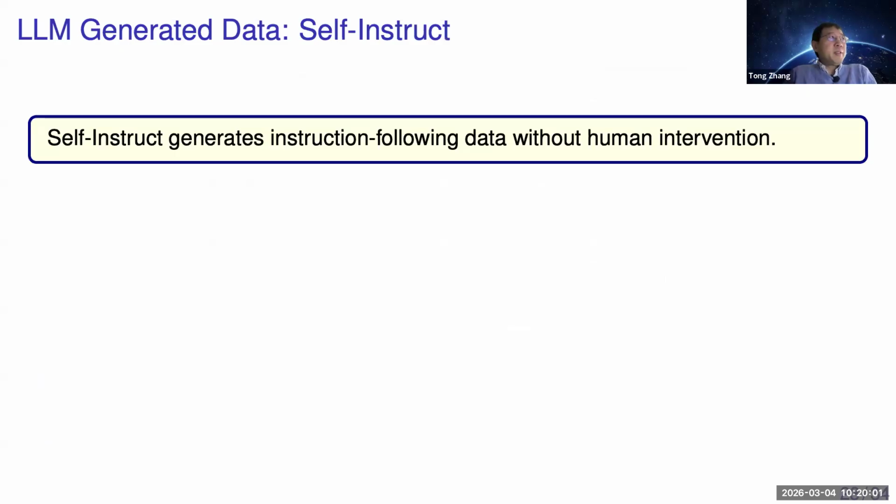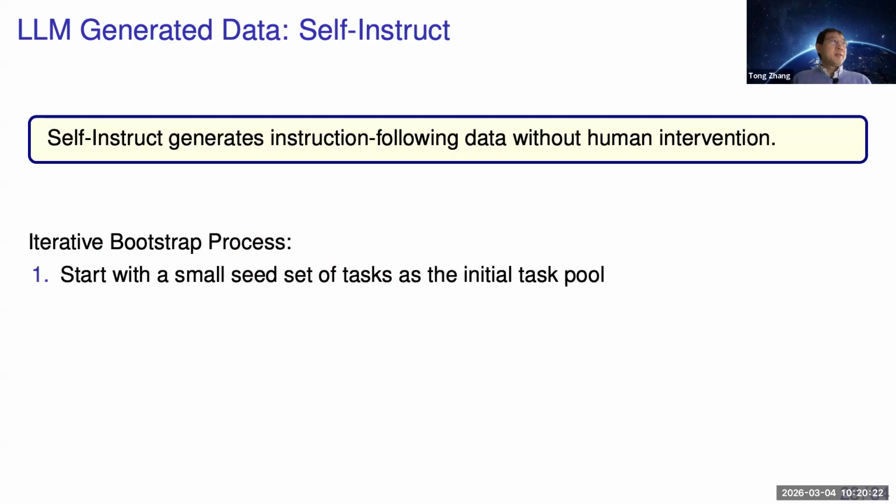When you do LLM-generated data, Self-Instruct is one approach which is pretty standard. They generate instruction-following data without human intervention, or with human-filtered data. Roughly, this is the process, and we'll see more examples later on.